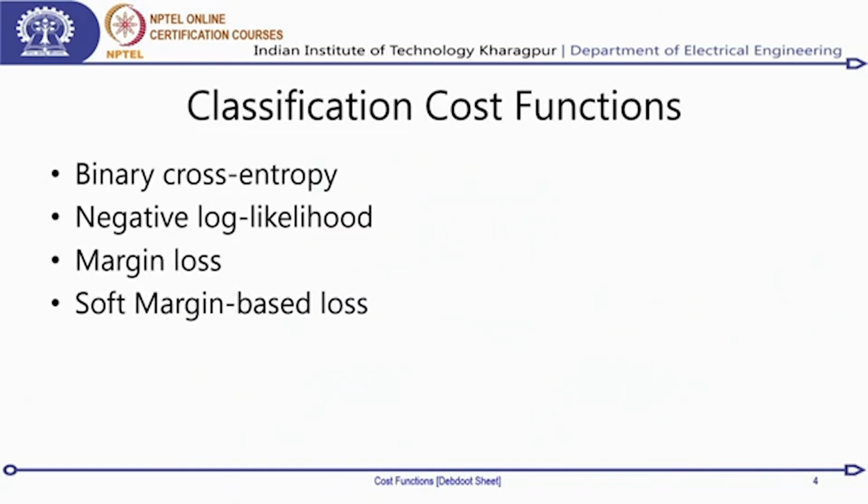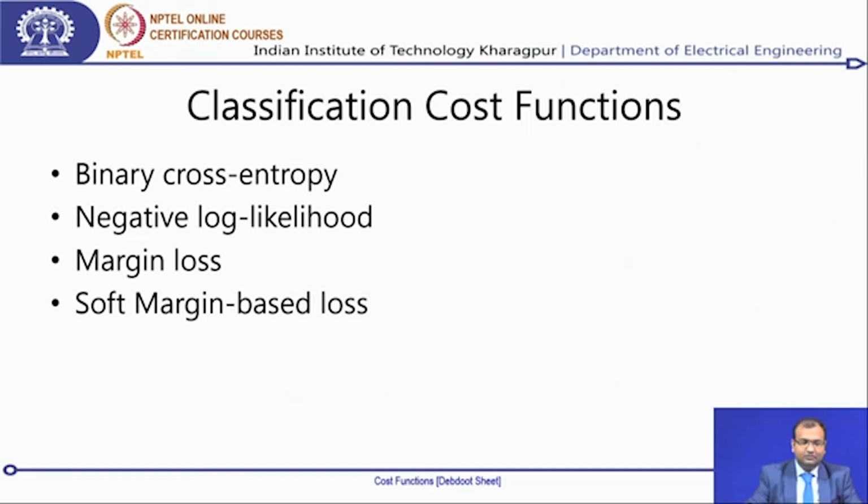So, for classification, the most common one is binary cross entropy. Successively following it are the negative log likelihood, the margin loss and the soft margin based loss. We will get into the mathematical form of each of them, as well as the different attributes which come out when you use each of these cost functions, and that will guide the kind of application scenario in which you will use a particular cost function.